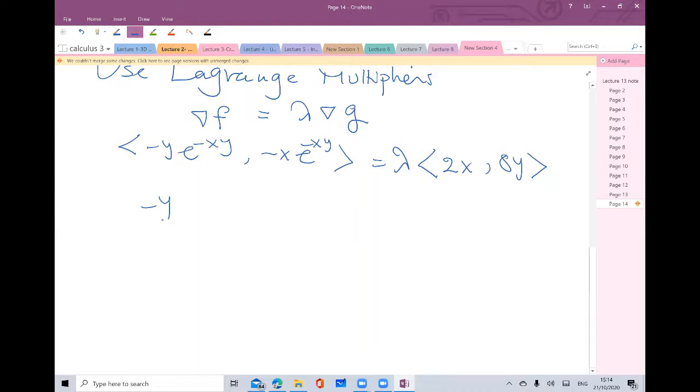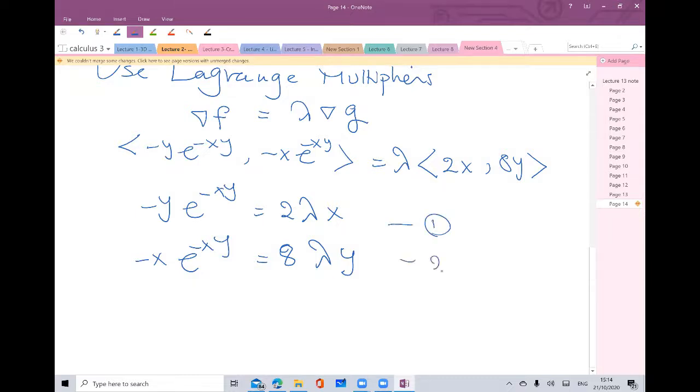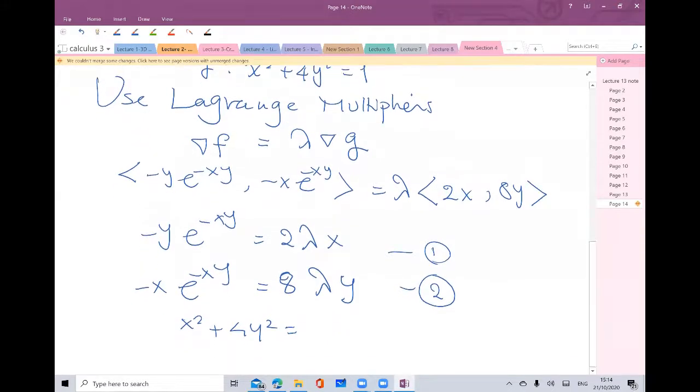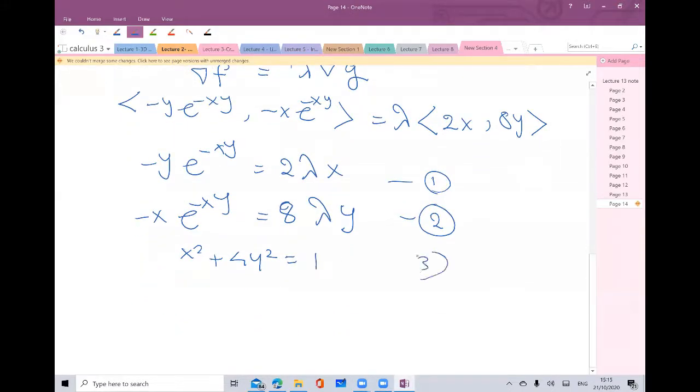So minus y e to the minus xy equals 2 lambda x, and minus x e to the minus xy equals 8 lambda y. Now I have two equations in addition to the constraint equation x squared plus 4y squared equals 1. We can solve these, get my boundary points, and get the extreme values at the boundary points.